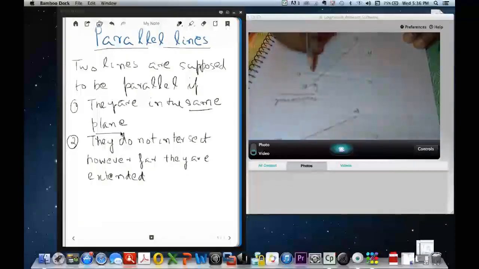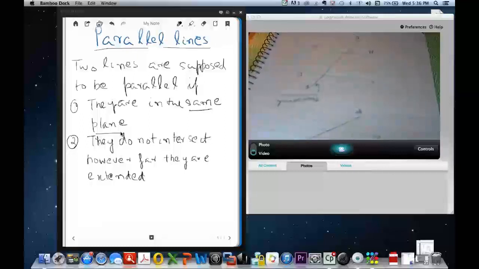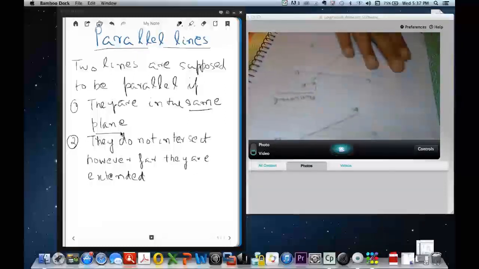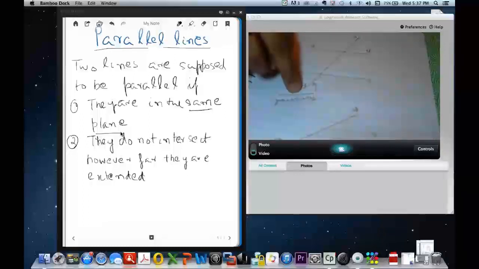So I think I explained what a transversal line is. I'm going to shift back to Wacom to continue my explanation, because that will be far clearer. I think you've understood how to draw parallel lines and what a transversal line means.